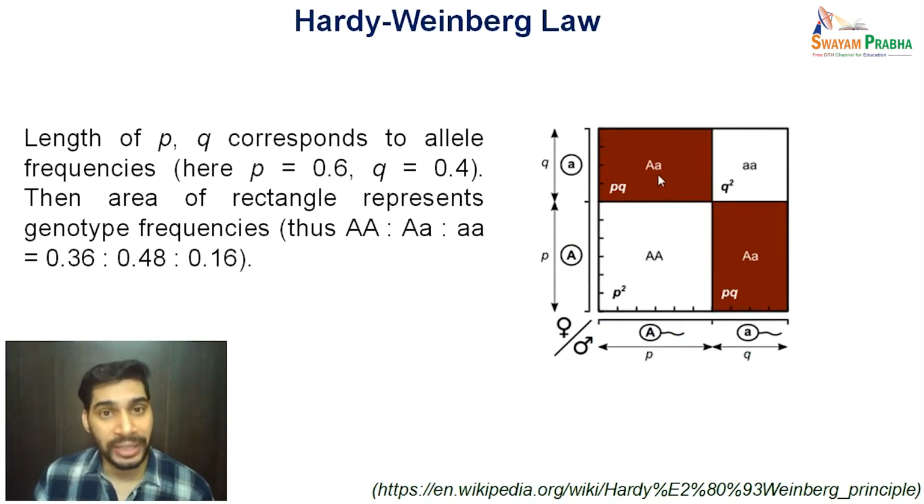Capital A small a, the heterozygotes, are represented by 0.6 multiplied by 0.4, that is 0.24, and since there are two of these, 0.24 plus 0.24 comes out to be 0.48. And q square, that is 0.4 multiplied by 0.4, comes out to be 0.16 for recessive homozygotes.